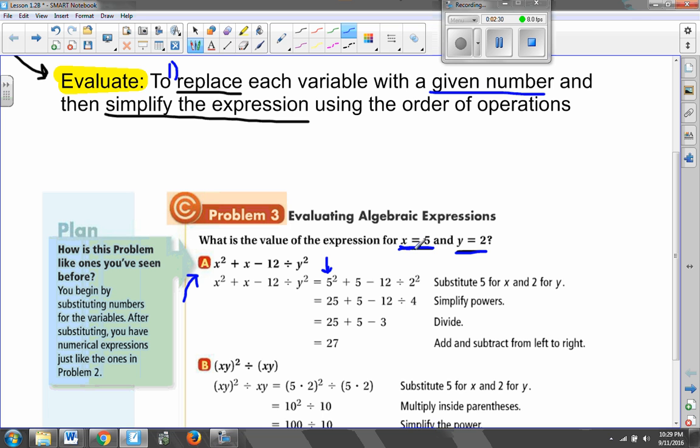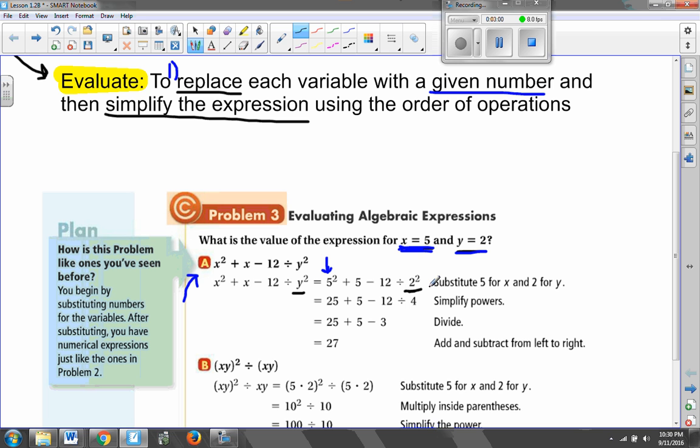Then instead of plus x, we say plus 5. Minus 12 stays minus 12 because that was a number to begin with, no letters there. But then instead of dividing by y squared, we now divide by 2 squared. And then we just start following the order of operations to simplify down to one number answer.